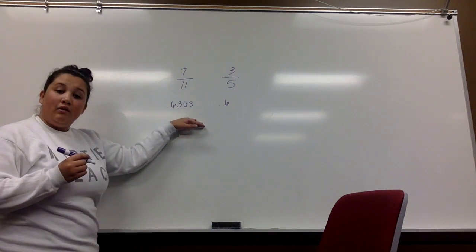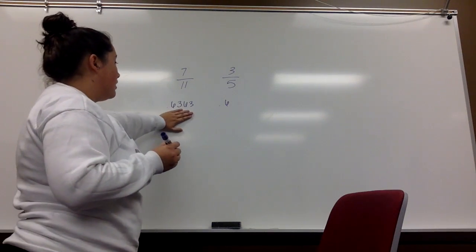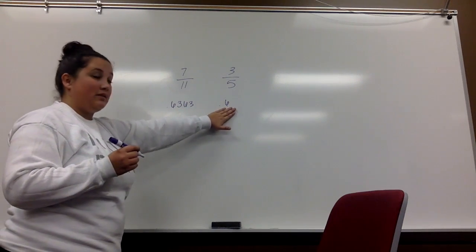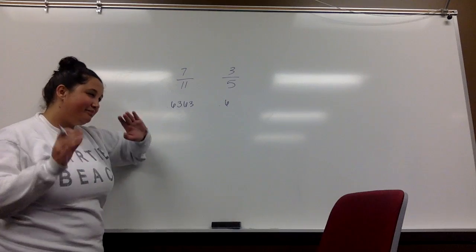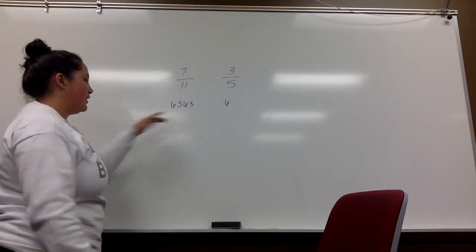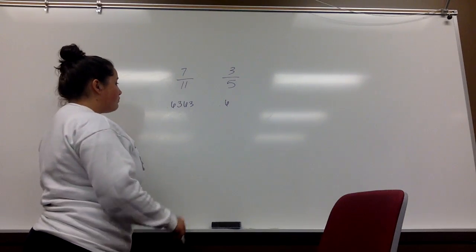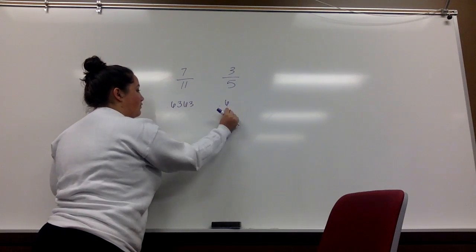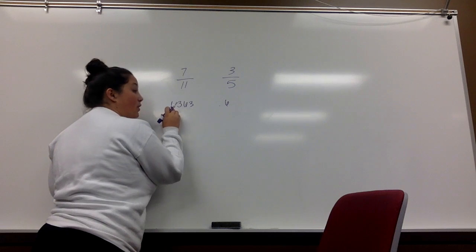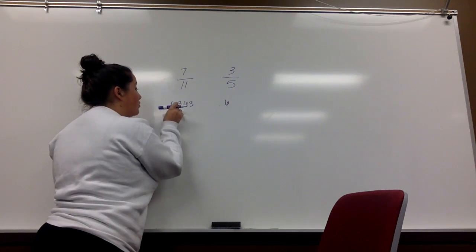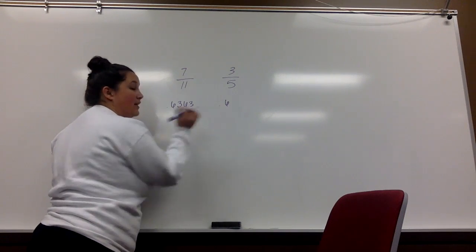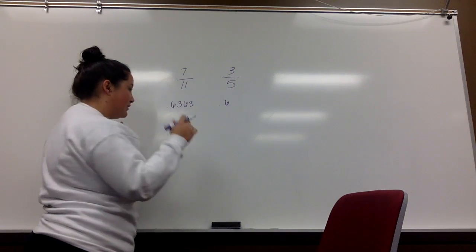Don't be confused here. Just because this decimal has more numbers than this decimal does not mean that it's larger. However, we're going to see that it is. Let's take a look at why. If we look at the tenths place in both of these decimals, we will see that there's a 6 in the tenths place in both, so that doesn't help us.